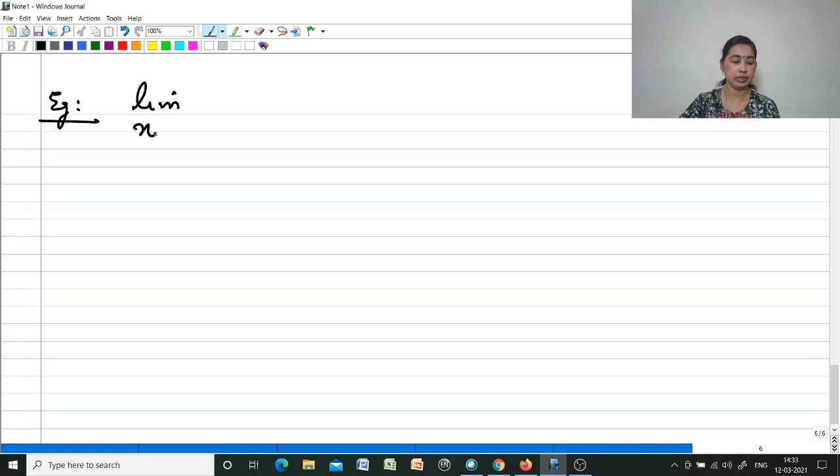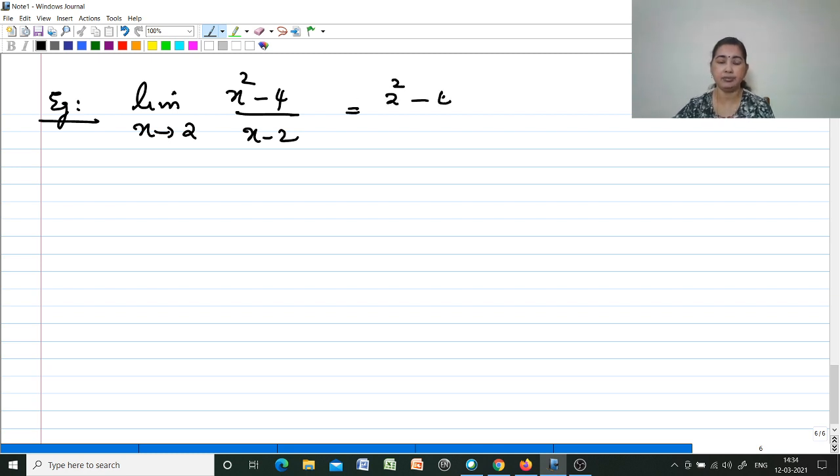Limit x tends to 2, x square minus 4 by x minus 2. As earlier we can give the value of 2 here. If I am putting the value as 2, 2 square minus 4 divided by 2 minus 2, that is 0 by 0 form.